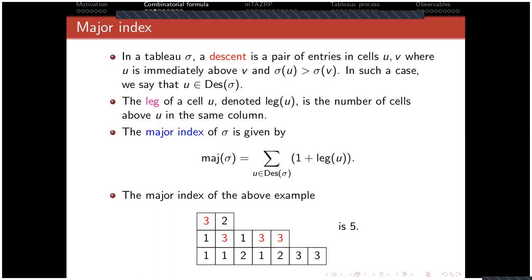Let me explain the example. This 3 is a descent because 1 is smaller than it, below it. So you get a contribution of 1 from this. You get a contribution of 2 from this 3 because there are 2 cells above it, including itself, and then 1 and 1. So 1, 2, 1, 1 gives the total. That's it.